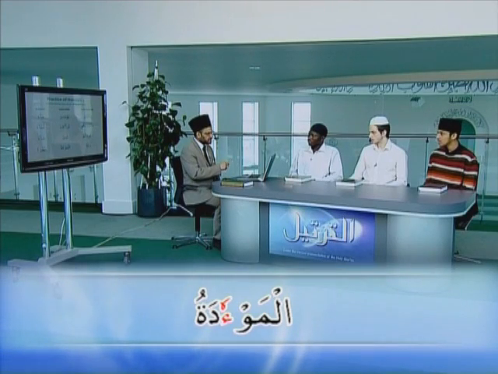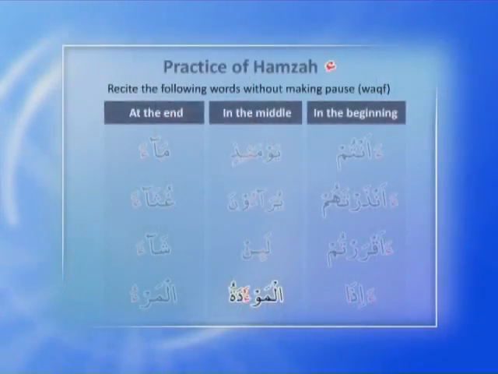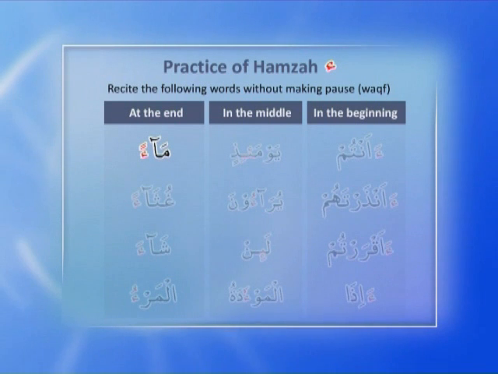Remember, this Hamza has an inverted Dhamma. It is basically like a Waw Madda, in shortened form. So it should be given double time as compared to 3 basic strokes. Al-Maw'udatu. Now the last column, third column.